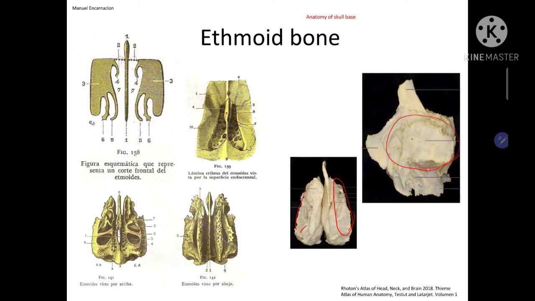These processes are called turbinates or conchae. We're going to have three: one superior, one middle, one inferior. Between the wall of the labyrinth and the turbinate, we're going to have the meatus: superior meatus and middle meatus. We have three turbinates, but the inferior turbinate is an isolated bone. It's a different bone. It does not belong to the ethmoid bone.